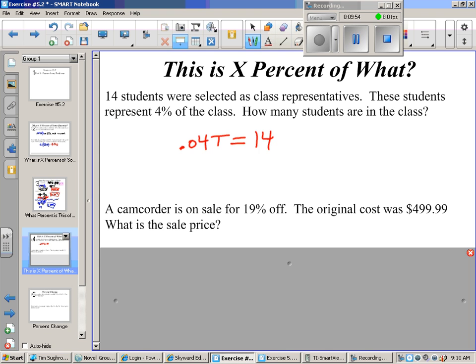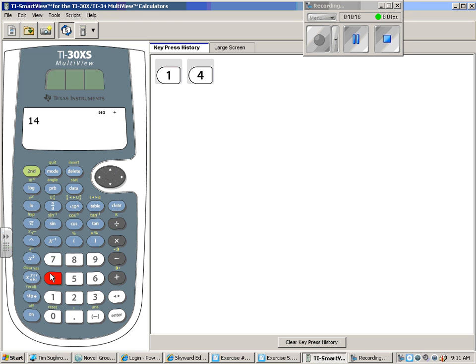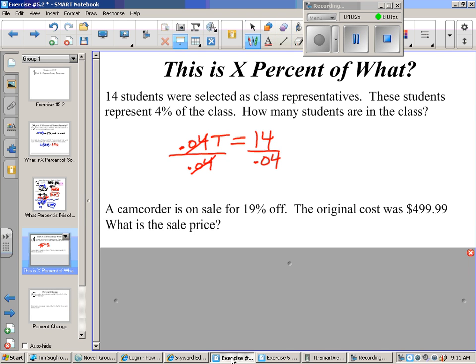That's the way I'm going to look at it, just like an equation, and then I'm going to divide by 0.04. So in my calculator, I'm going to take 14 divided by 0.04. That is going to be 350 students in the class. That's how I would do that one.